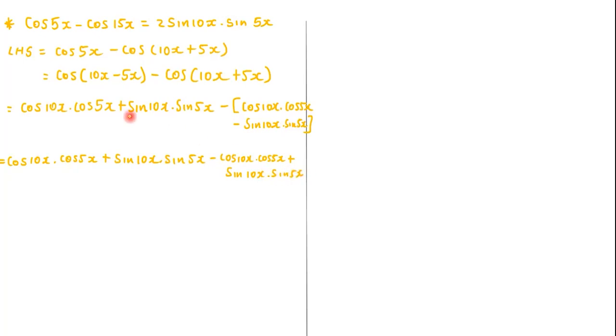All right, so now this cancels with that, and then we have sine 10x times sine 5x plus sine 10x times sine 5x. And when you add these two, they give you 2 sine 10x times sine 5x, and that will be your right hand side.